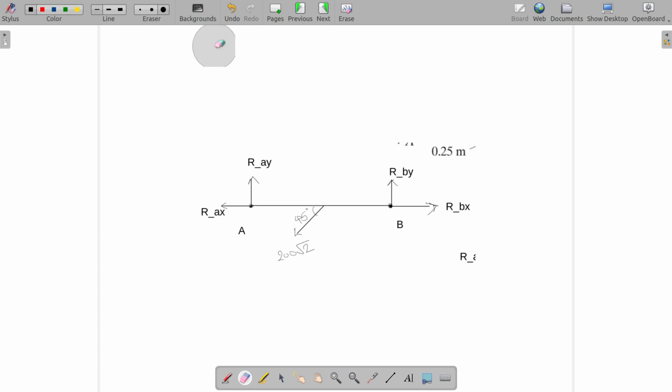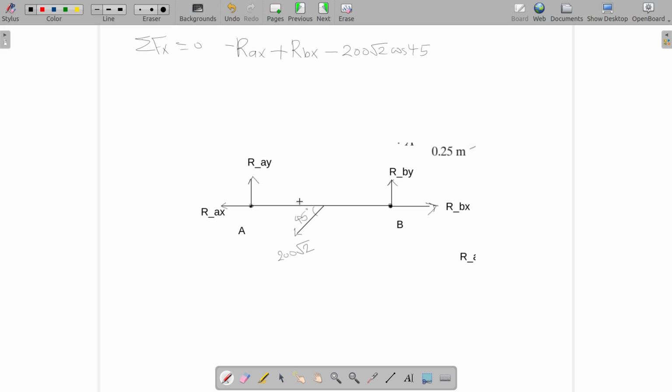Now for this particular system, equations are: net force in x direction 0, that means that RAX, minus RAX is in leftward direction, plus RBX, that is towards right, minus 200 root 2 cos 45.